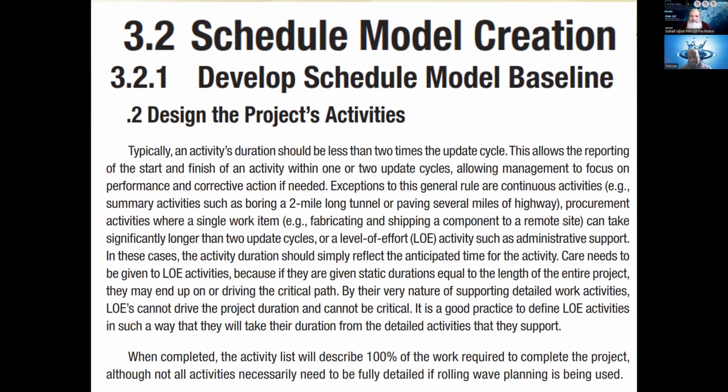We will try to keep the unity of an activity. That's why we said generally the activities should be less than 2 times the update cycle, so we don't have to report an activity which is small. But naturally, we also allowed in the second sentence that we could have an activity larger than one reporting cycle, maybe two reporting cycles.